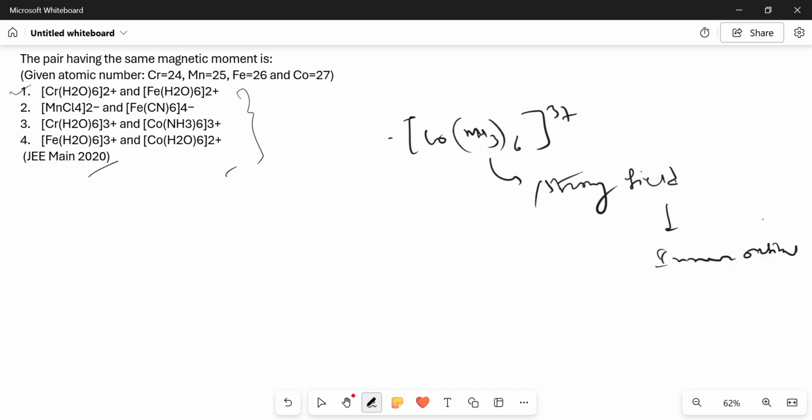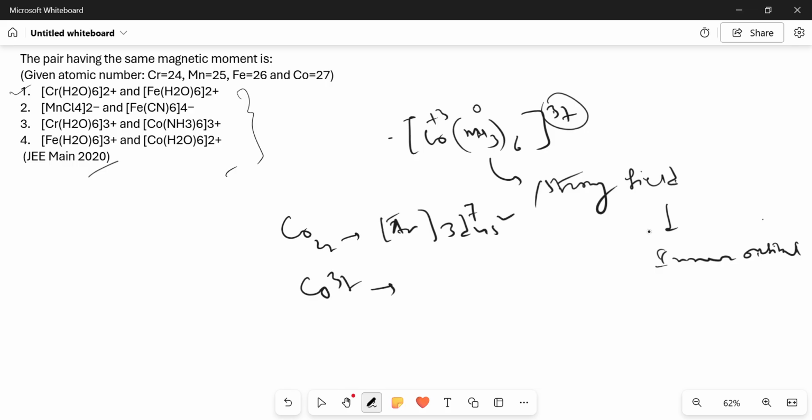First you have to check the ligand, that is most important. It is a neutral ligand, 0, so cobalt becomes +3. Normal cobalt 27 is Ar 3d7 4s2. Now cobalt 3+ means Ar 3d6.